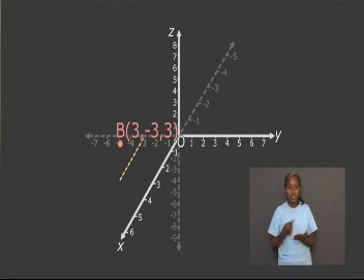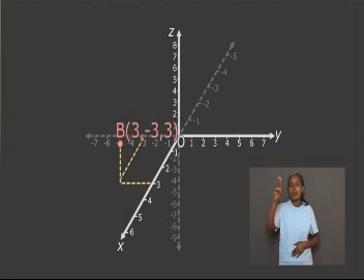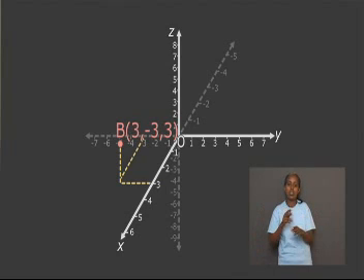Then, move 3 units in the direction of the negative y. Finally, move 3 units up in the direction of the positive z-axis to find point B. We have located point B, and the resulting coordinate space looks like this.